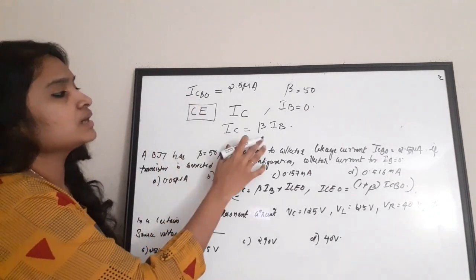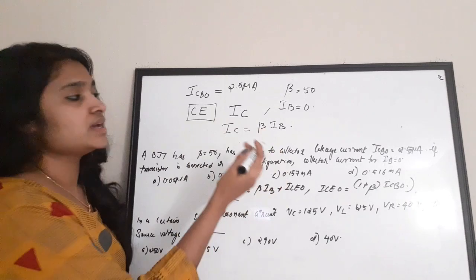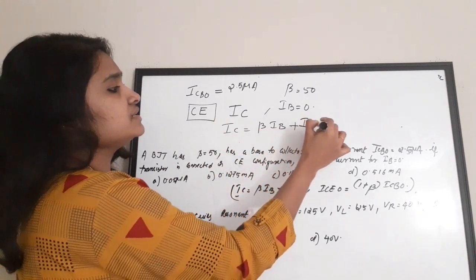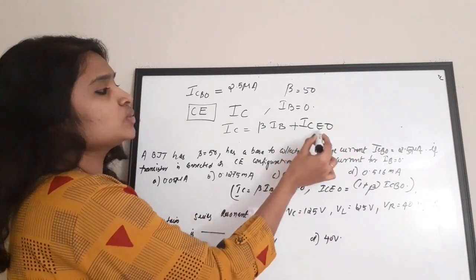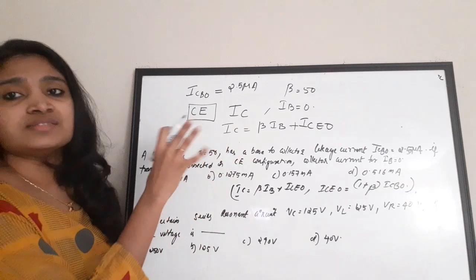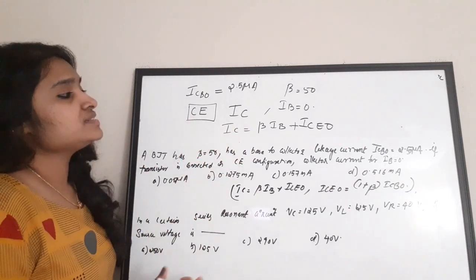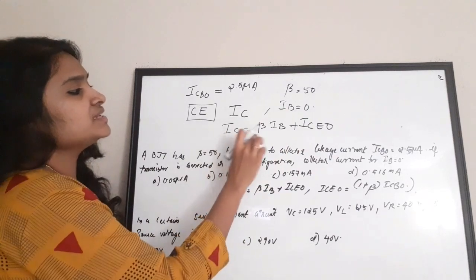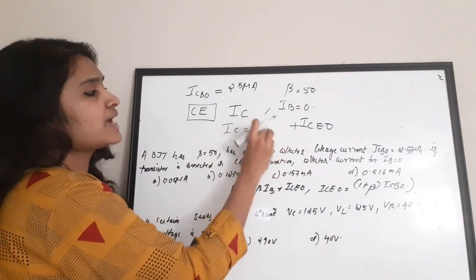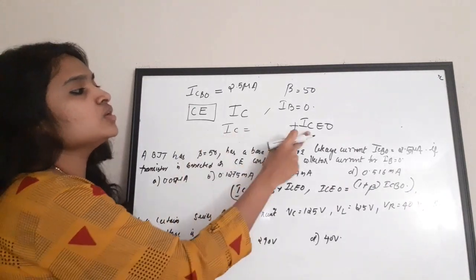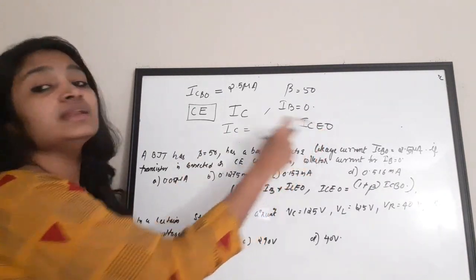So now your collector current equation will change as IC is equal to beta IB plus ICEO. That is, the collector to emitter leakage current will also contribute to the total IC. And also they are saying that IB is taken as 0, which means your beta times IB will now get cancelled because IB is 0.